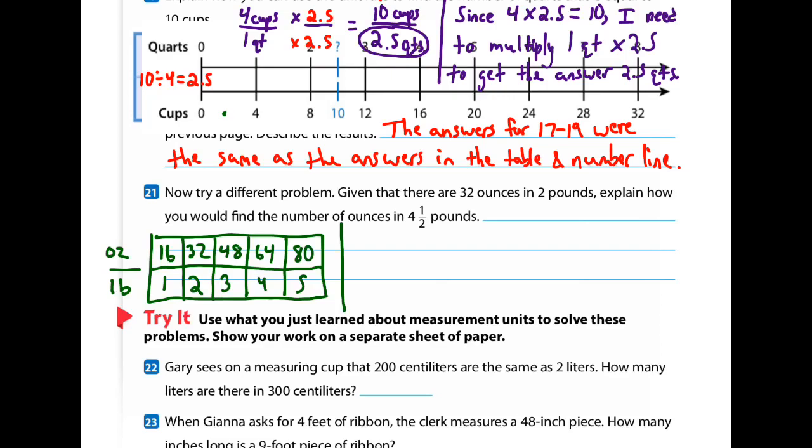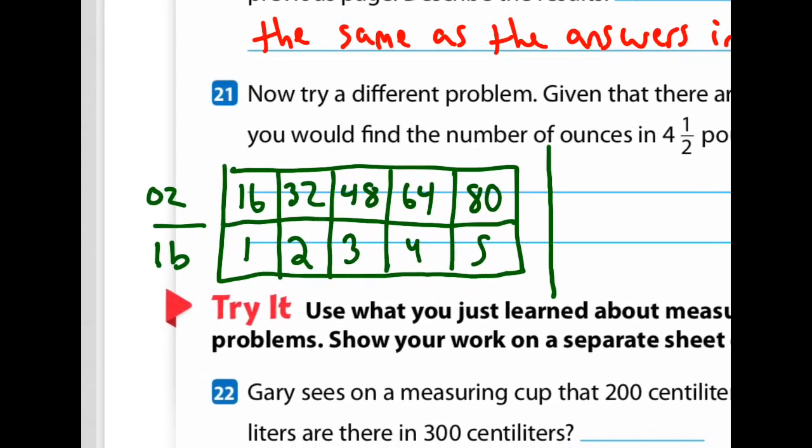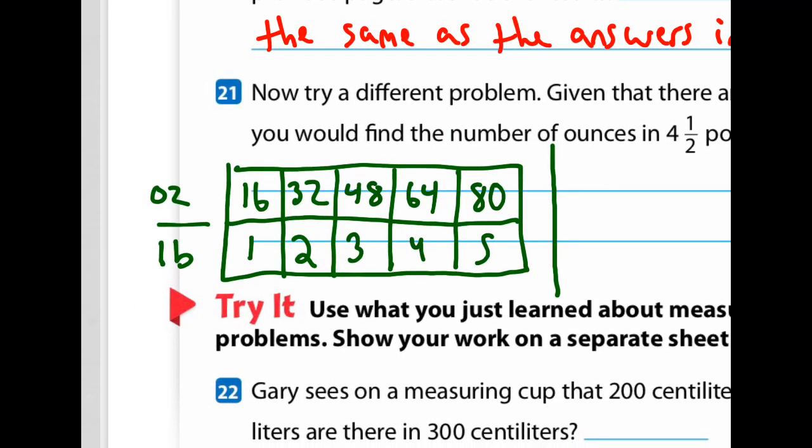So we're looking for 4.5 pounds. So let me zoom in on my table. So 4.5 is going to be right in between 4 and 5. So I just need to figure out the number right in between 64 and 80, which would be 72. So 72 is going to be the answer, 72 ounces. But let's say you didn't do the table that way.